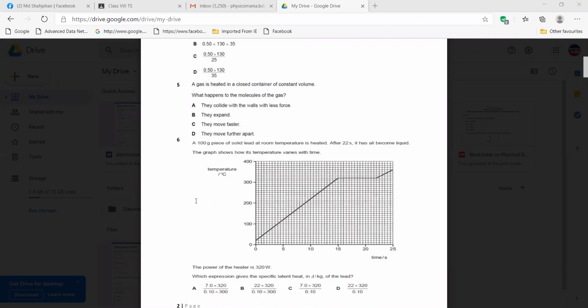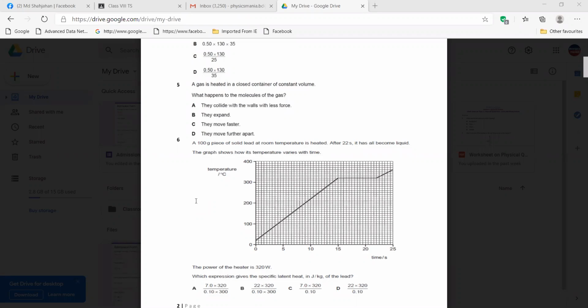Last topic you learned about power, right? And you know the formula of power. What is the formula of power? Work done by time. And also you can say energy by time, so you can say thermal energy by time. So power equals thermal energy by time.